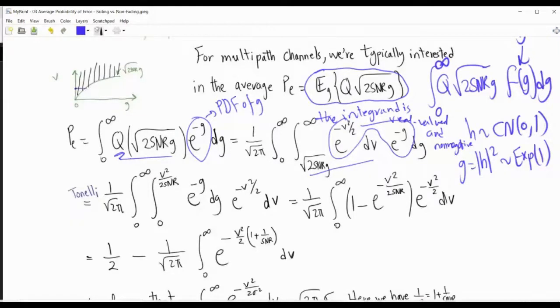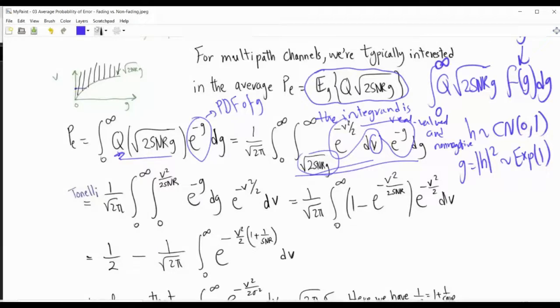So if you look at this integral here, we should first do the integration with respect to v, and then with respect to g. And here is our integration region, because g is from 0 to infinity, and v is from this thing here. That's the Q function, the tail probability of a standard Gaussian distribution. So you integrate from something to infinity, over this region.